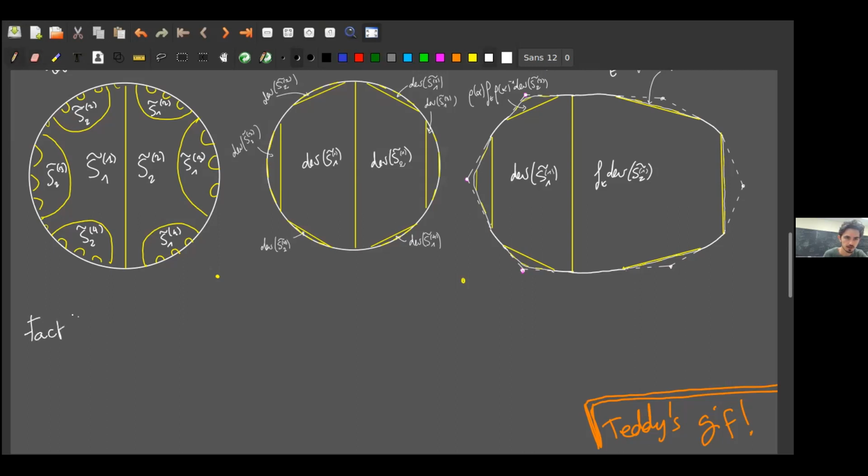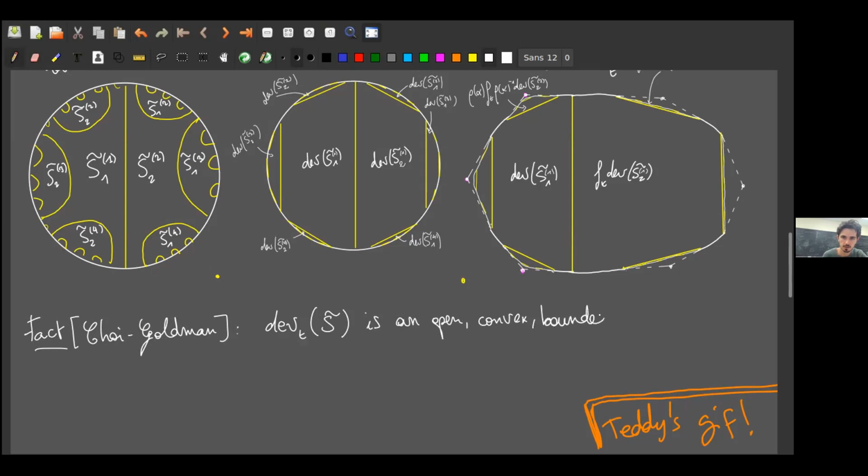Fact, I think I should attribute it to Troy Goldman. The image of the new developing map is an open, convex, and bounded subset of R2.